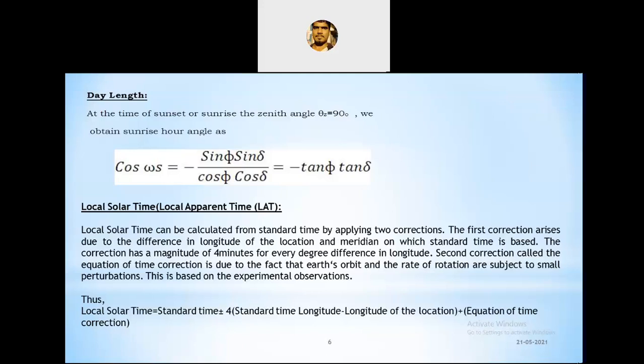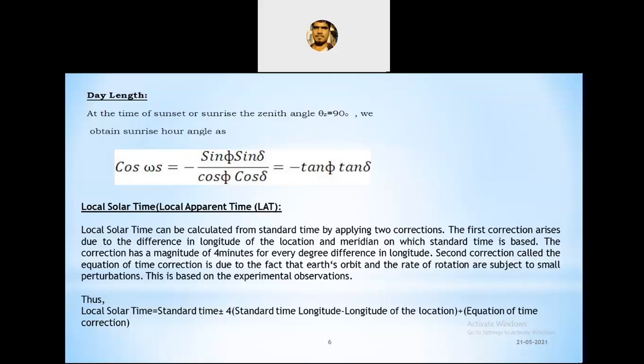This is given by the equation cos omega s equals minus tan phi tan delta. Or you can take another equation, the day length td, which is equal to 2 omega s by 15, or 2 by 15 cos inverse of minus tan phi tan delta.